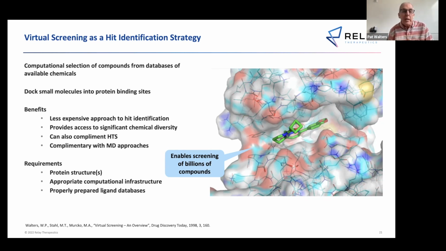This is a relatively quick experiment. We can do often up to 1 billion molecules, and it's relatively economical.